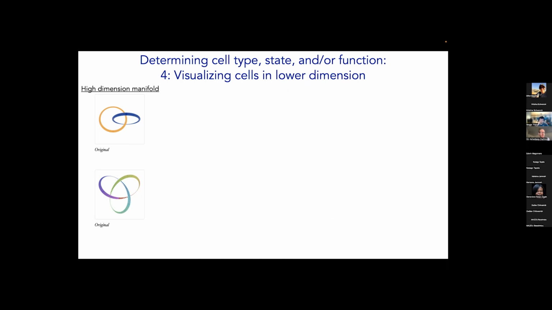To do this, we use non-linear dimensional reduction techniques. These techniques take your high dimensional data and put it into 2 dimensions. The goal is that cells that were close together in the high dimensional space are also close together in the low dimensional space. So it's usually trying to maintain the local similarity that was in high dimension, in the lower dimensions.